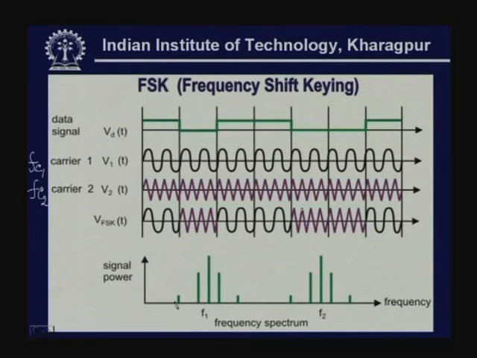So, this corresponds to one ASK signal, and this corresponds to another ASK signal, as if we are sending one amplitude shift keying signal having carrier frequency F1, as it is written here, and another with carrier frequency F2. These two together lead to a much higher bandwidth for the frequency shift keying signal, just like the case for an FM signal compared to an AM signal.